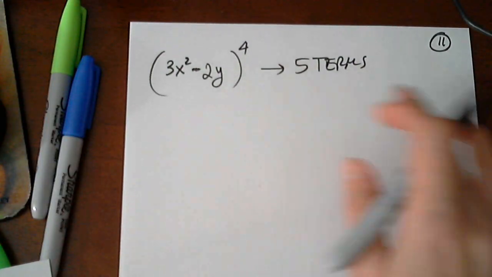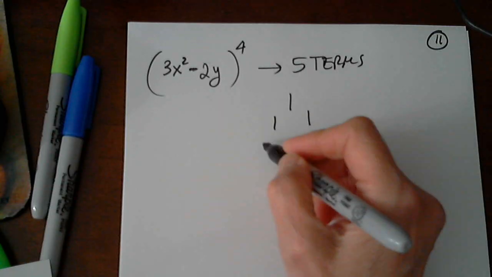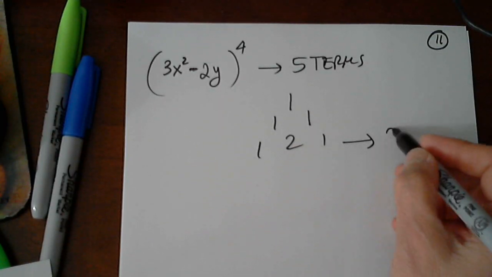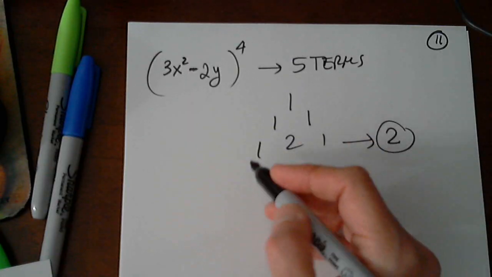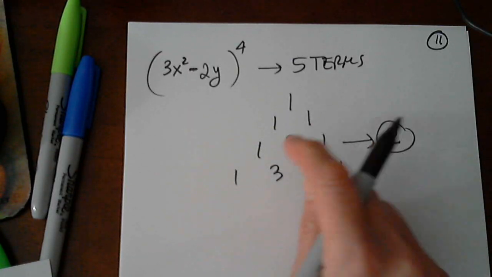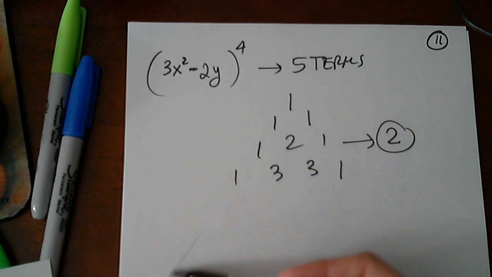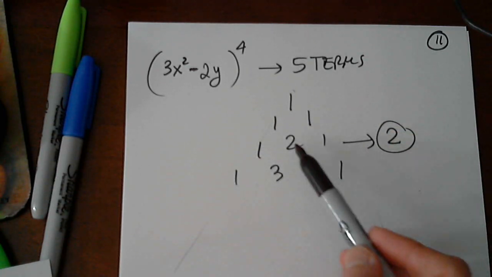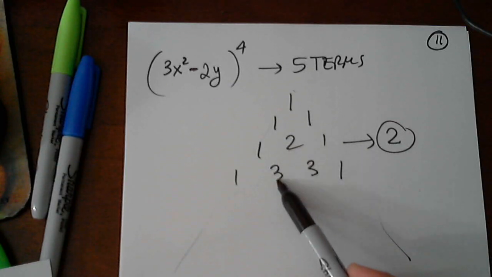You can find the coefficients very easily for power 4. 1, 1, 1, 1, 2, 1. Remember, this is degree power 2. 3 terms. 1, 3, 3, 1. You know how I'm getting these numbers. These are always ones. This is 1 plus 1. This is 1 plus 2.